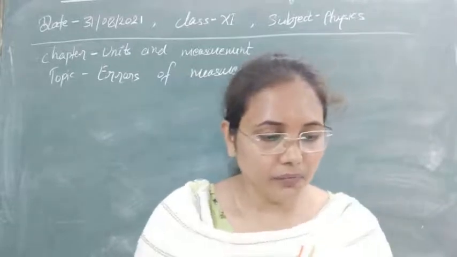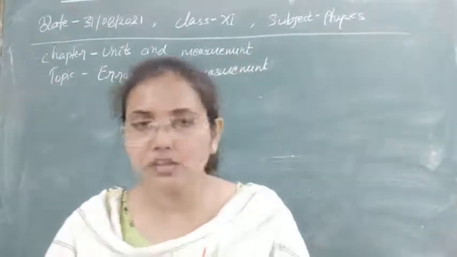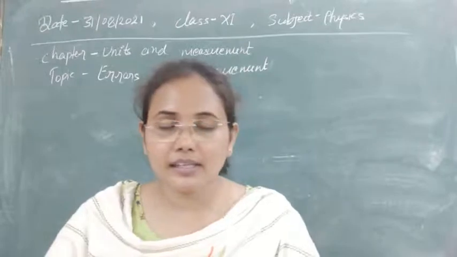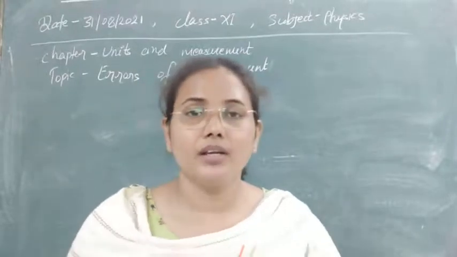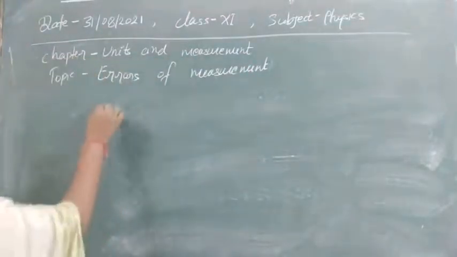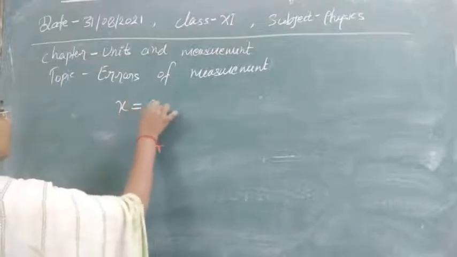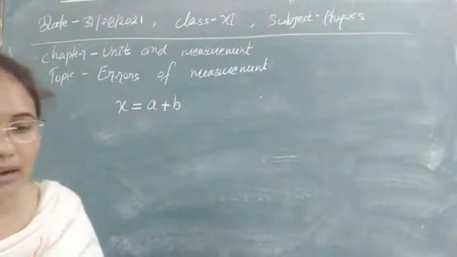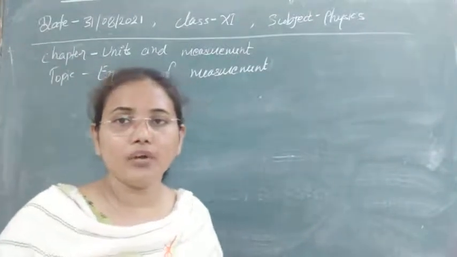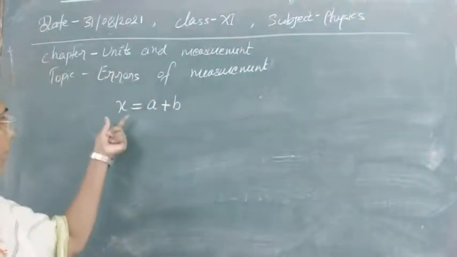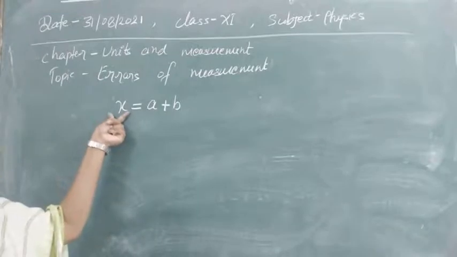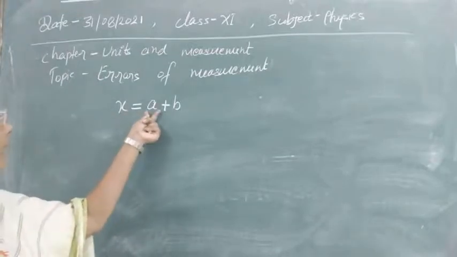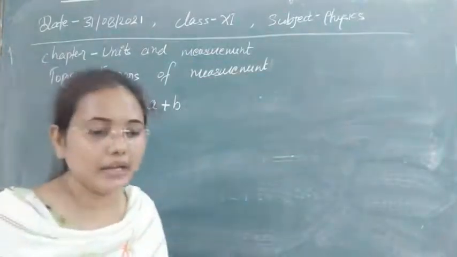In the combination of errors, let's take the example of error in a sum. Suppose we have a measured quantity x equal to a plus b. Then we have to find the error in the measurement of x if we know the errors in the measurement of a and b individually.